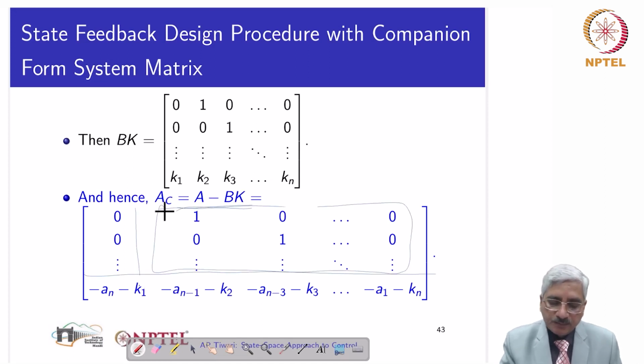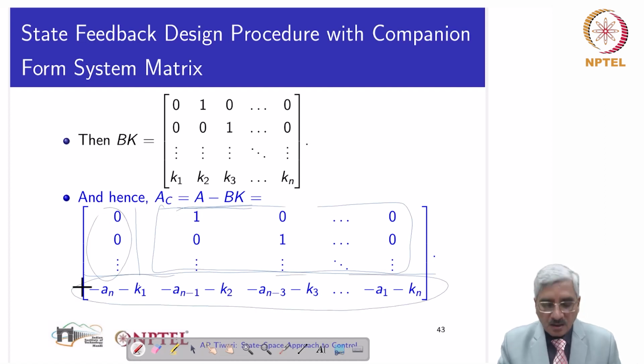This is identity, this is 0, and here we had coefficients A1, A2, etc. up to AN, and along with them what we are getting is these gains K1, K2, etc. So K1 comes here, K2 comes here, K3 comes here, and so on.